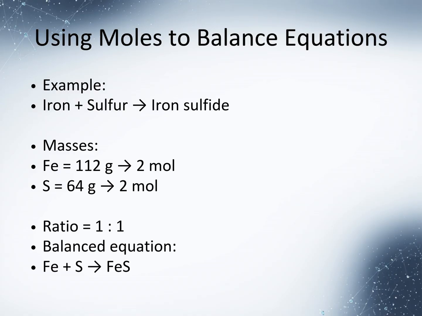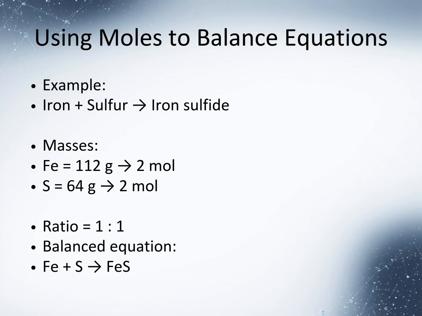But if it wasn't balanced, the rule is you basically only change the big numbers in front, never the little numbers inside the formula. So you wouldn't turn FeS into FeS2 unless it's a different compound. Balancing is basically making the number of each atom the same on both sides.